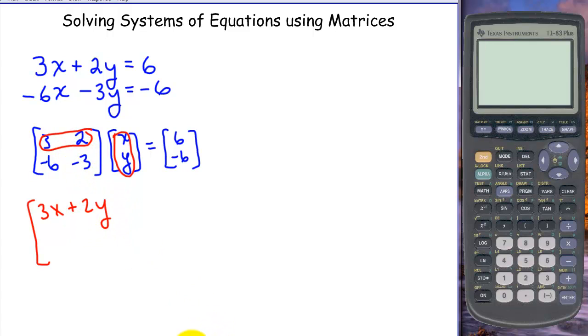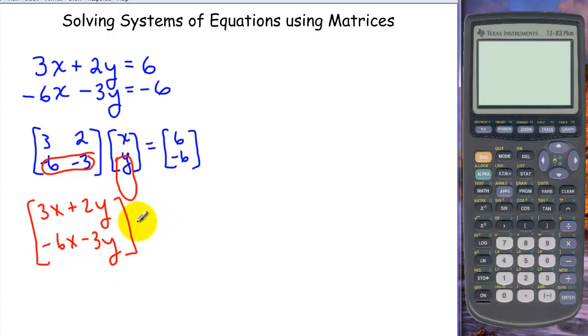And then we can take our second row times that column, and we would get negative 6x minus 3y, and that equals 6 and negative 6.